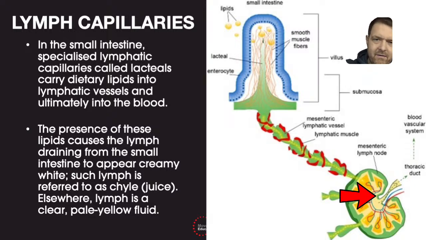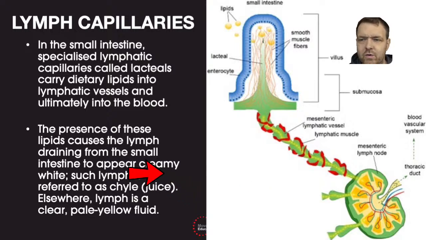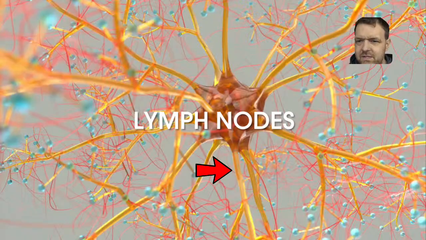And then they get carried up, and we'll look at the direction of the flow, and put into the bloodstream near the heart. Okay, so that's how you receive your dietary lipids. They're called lacteals because of the color of the lymphatic fluid at that point. Because it's got fat molecules in, it turns into a milky substance. Okay, so that's why they're called lacteals.